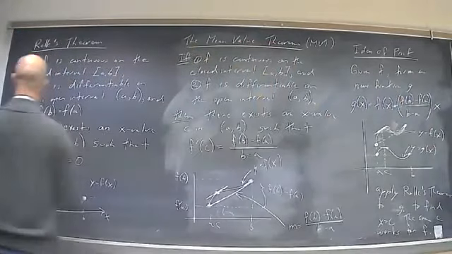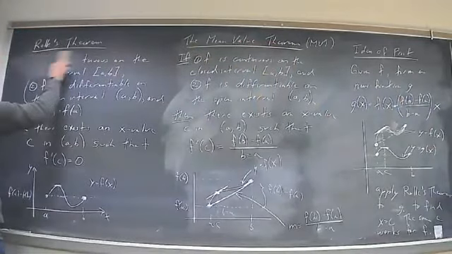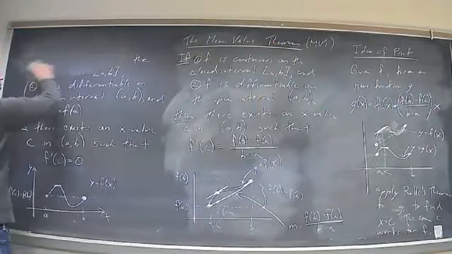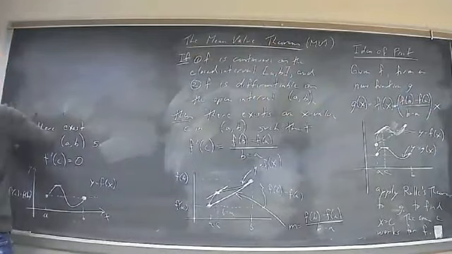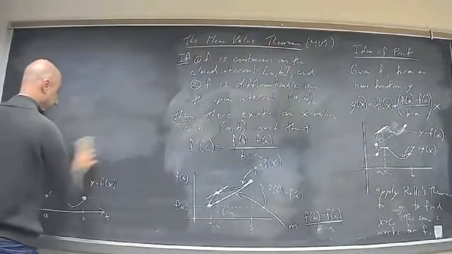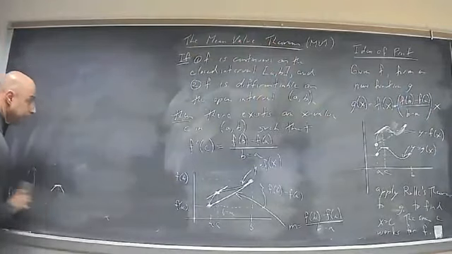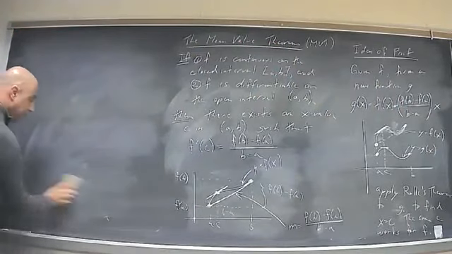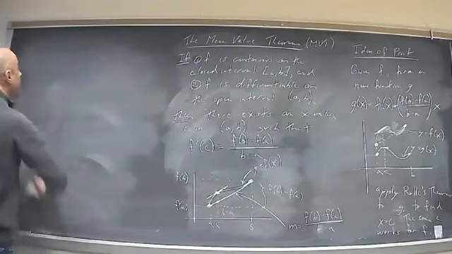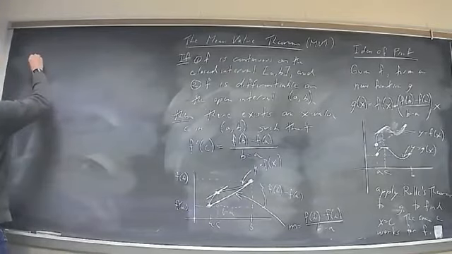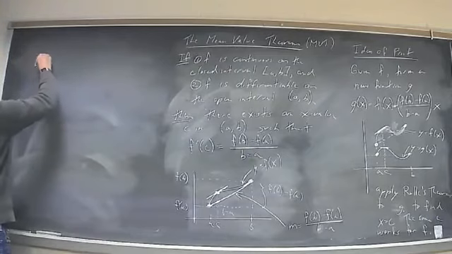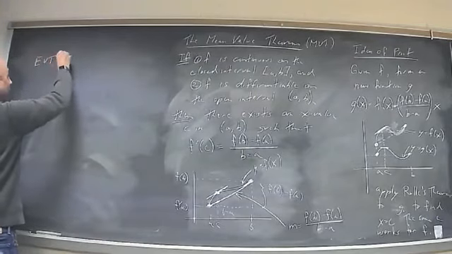Okay, so before we move on, I want to call a few things to your attention. If you look back at the proof of Rolle's theorem that we did, you'll see that we used the extreme value theorem to prove Rolle's theorem.